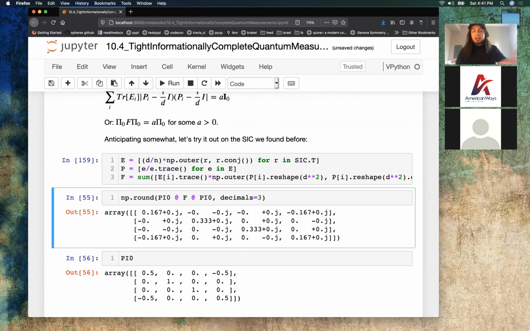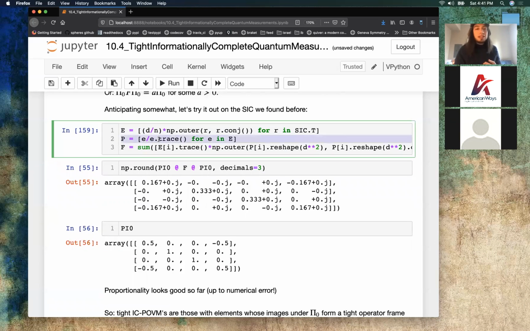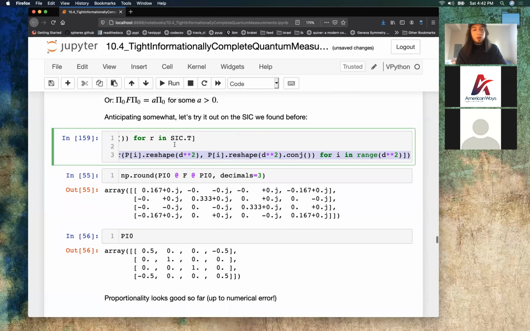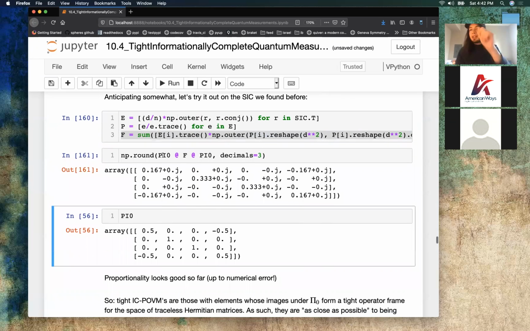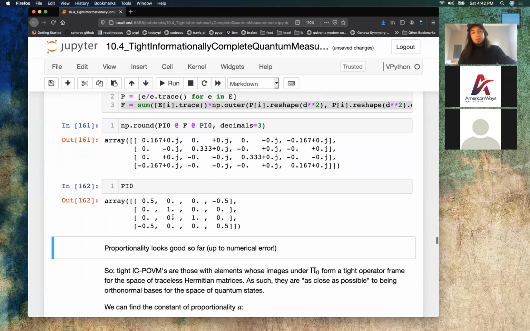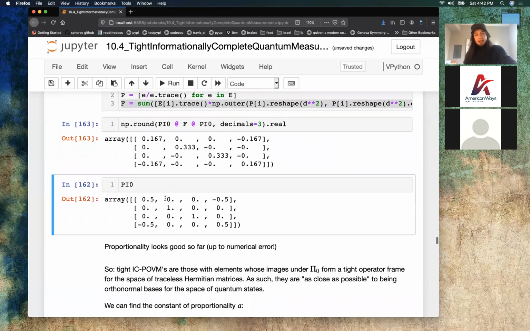So we generated our SIC. Here are the elements, here are the normalized elements P, and then we form F, and we do pi0 times F times pi0, and here's pi0. It's easier to see if we just do real, that they are indeed proportional to each other.